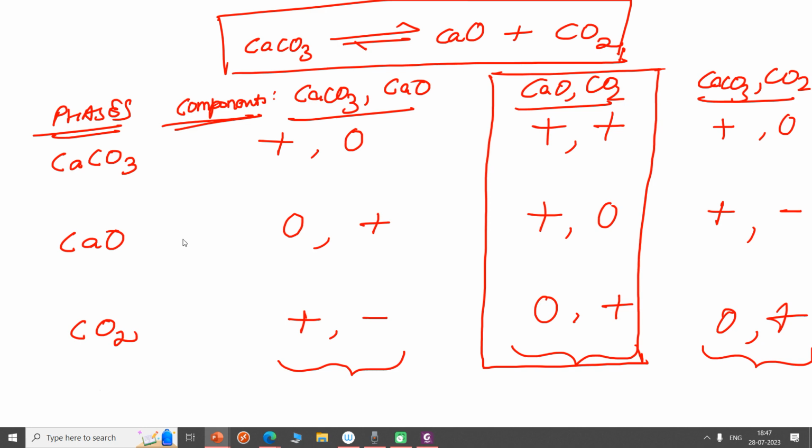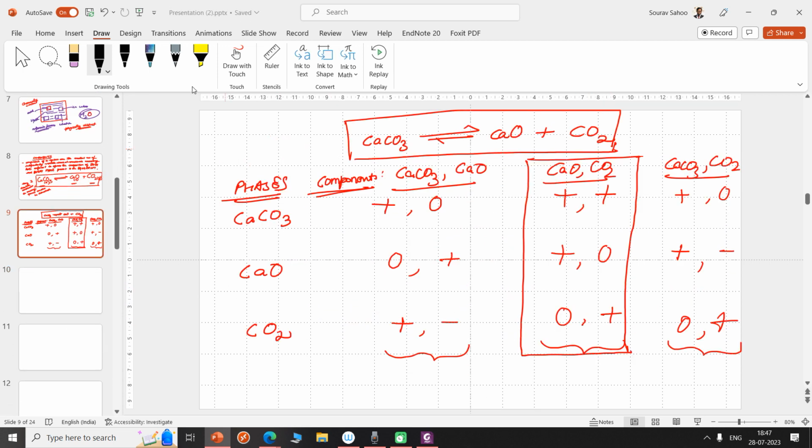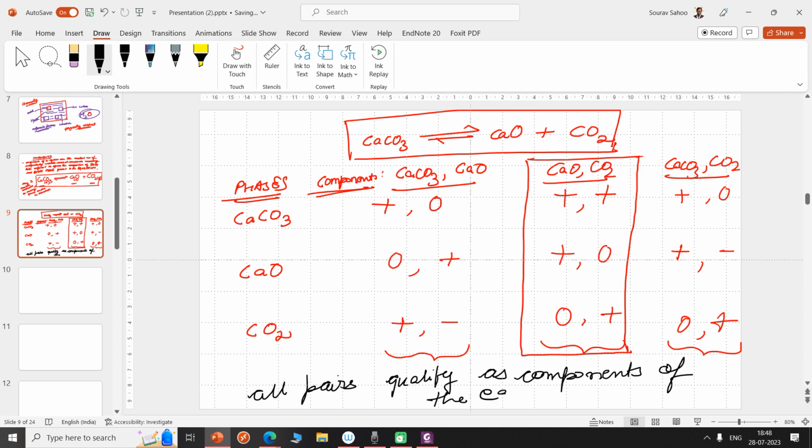So all these pairs qualify as components of the equilibrium reaction.